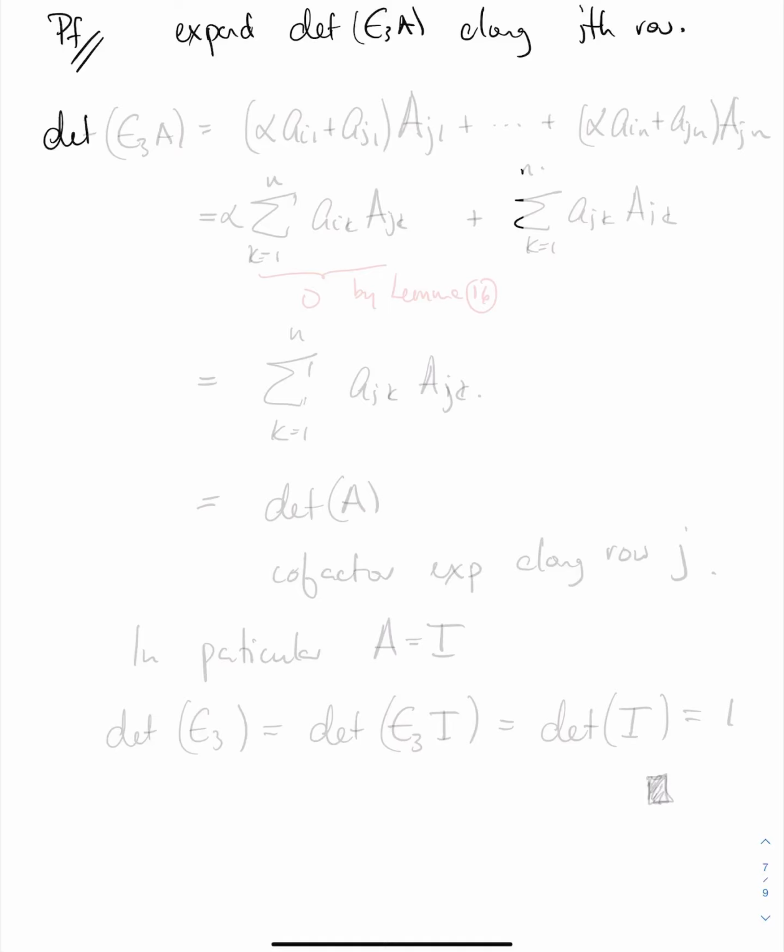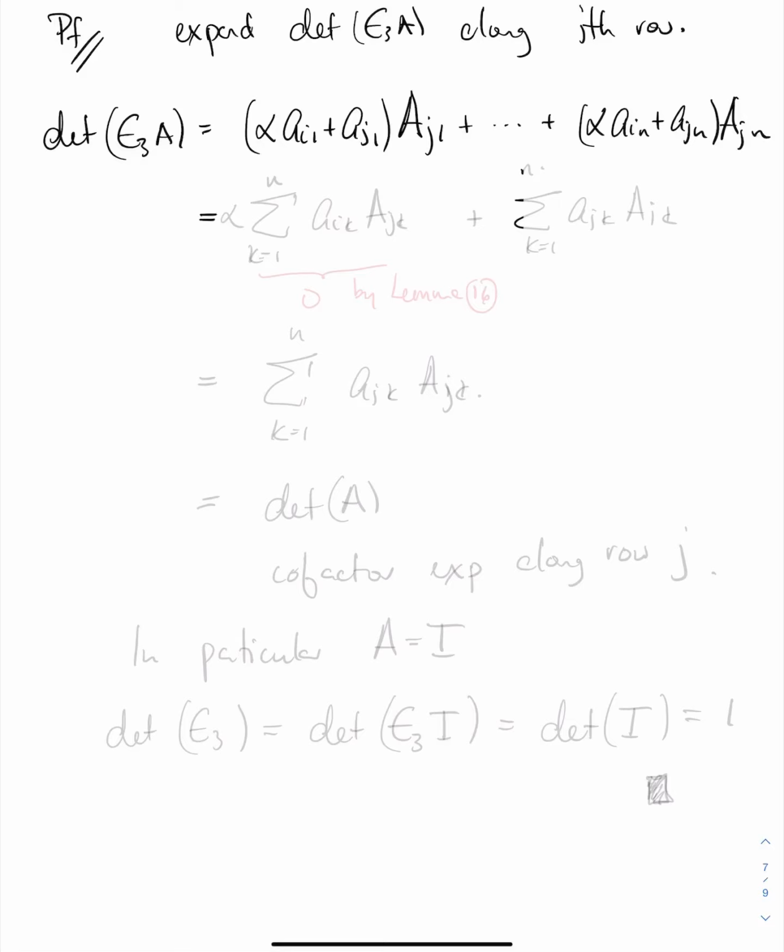The determinant of E3A is, of course, alpha a_i1 plus a_j1 times this cofactor, through alpha a_in plus a_jn times this cofactor. This is coming from what we know about E3 times A. Let's just use our sum notation and gather like terms.